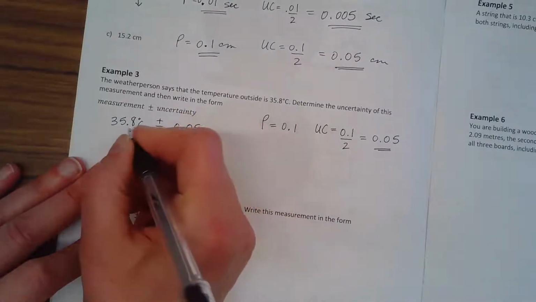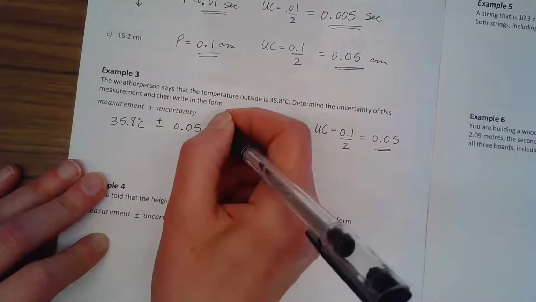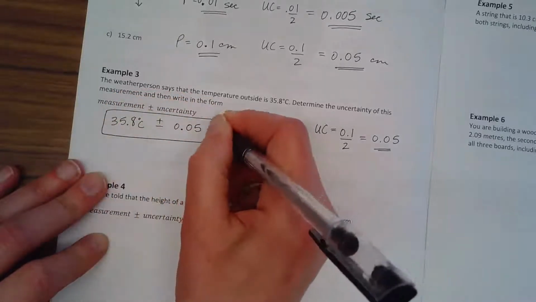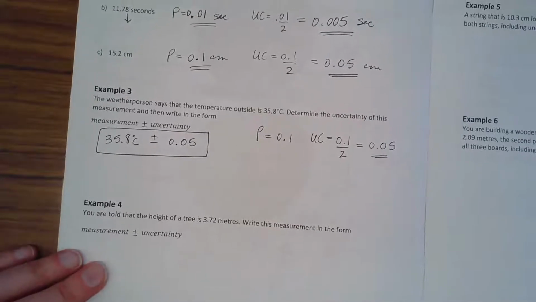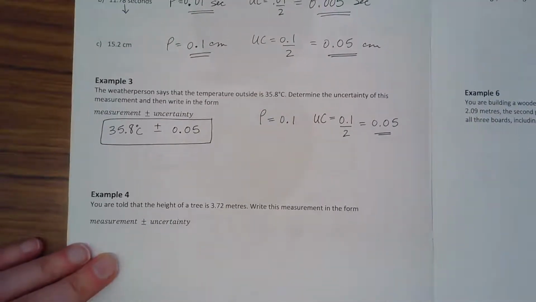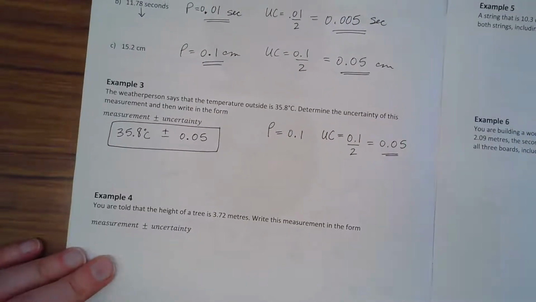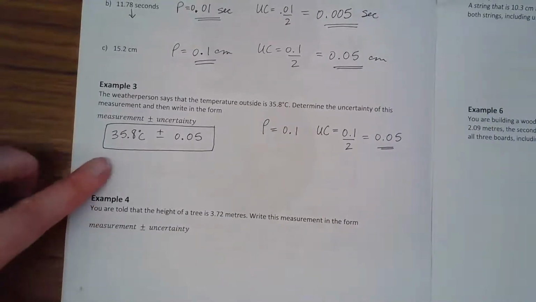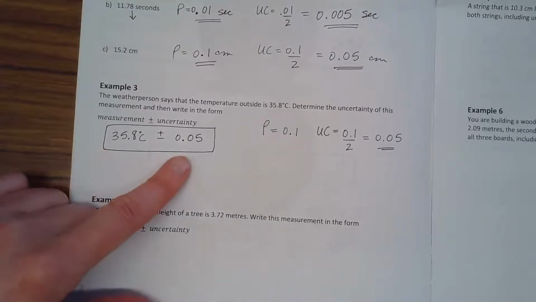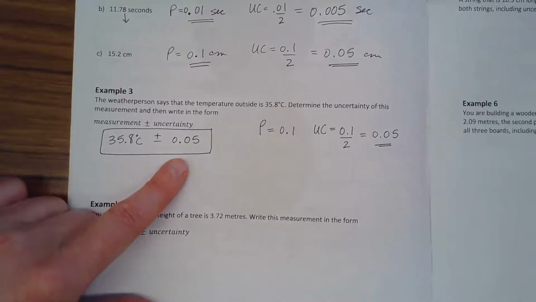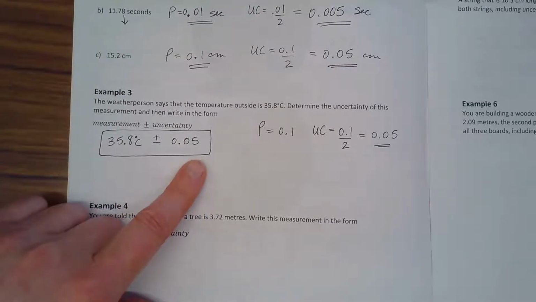Now, if I include my degrees Celsius here, I don't necessarily have to include it on the end either, because it's understood that it's degrees Celsius. So what this relays to the reader, or to whoever you're communicating this information to, is that the temperature outside is 35.8 degrees Celsius, plus or minus 0.05. That's telling the reader you're a little uncertain of the exact measure.